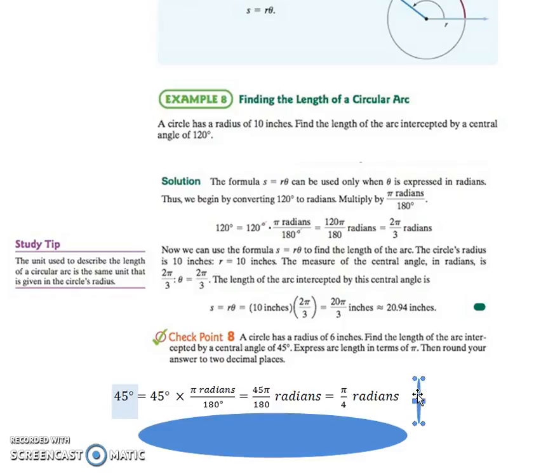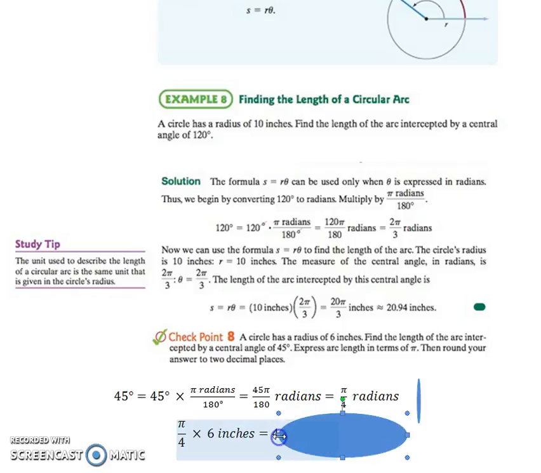Okay. Now that we have that in radians, we just have to multiply it by the radius, which is 6 inches. So we're going to do pi over 4 times 6 inches, which is 6 pi over 4, which reduces to 3 pi over 2.